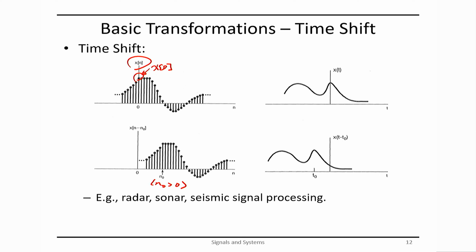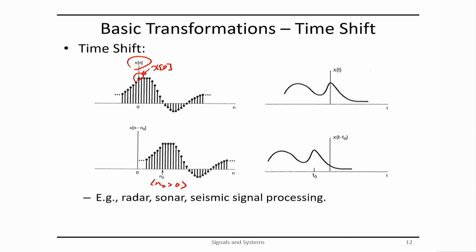Now, where do you observe the value x of 0 in this time-shifted version, okay? So the function now is x of n minus n naught. So you observe the value x of 0 when n is equal to n naught, okay?